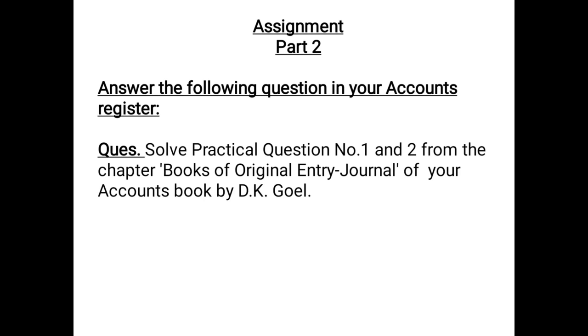So these many transactions we have discussed in the part 1 and part 2 videos. So you will be framing entries for all these transactions from question number 1 and question number 2. The rest of the transactions you can leave as of now, and as we go on discussing various transactions, then you can solve the full-fledged questions. So go through the video once again, children.